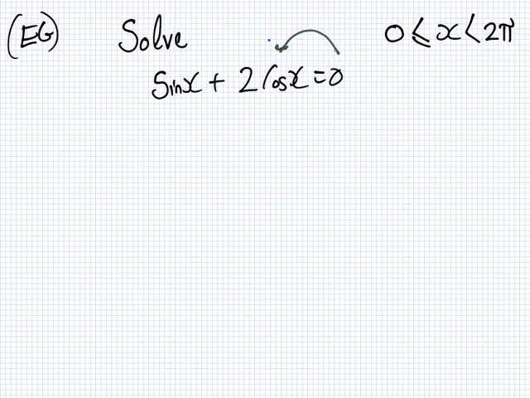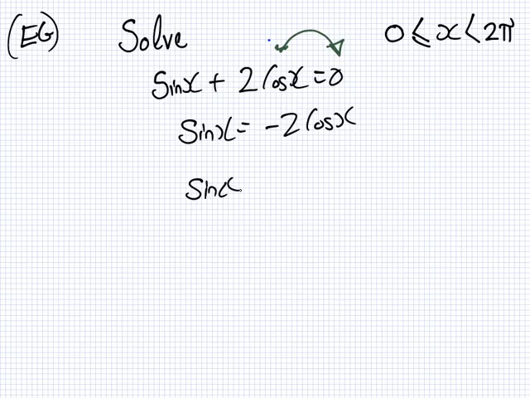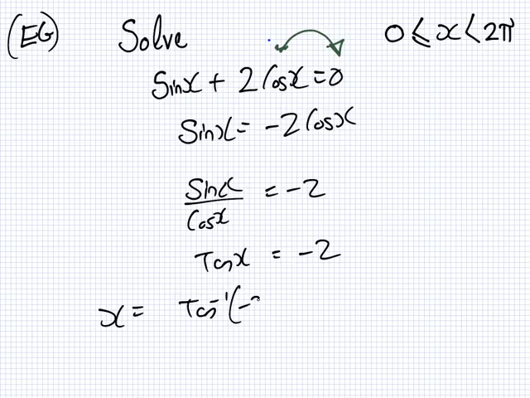What you need to do is take the cos to the right, so you get sin x equals minus 2 cos x. Then you need to divide by the cos. Sin x over cos x equals minus 2. So then you get tan x equals minus 2. So then x equals tan inverse minus 2.